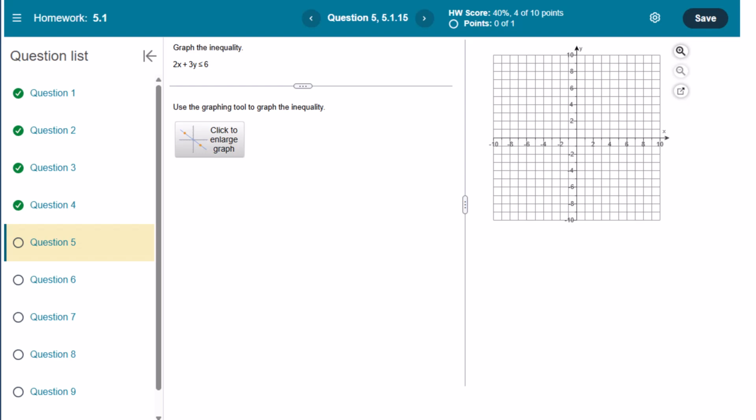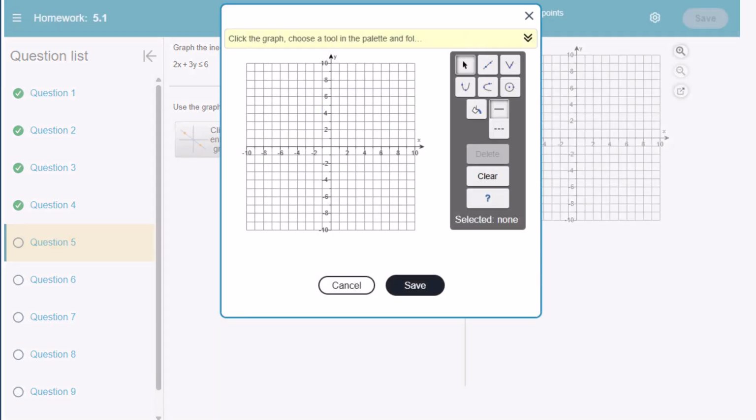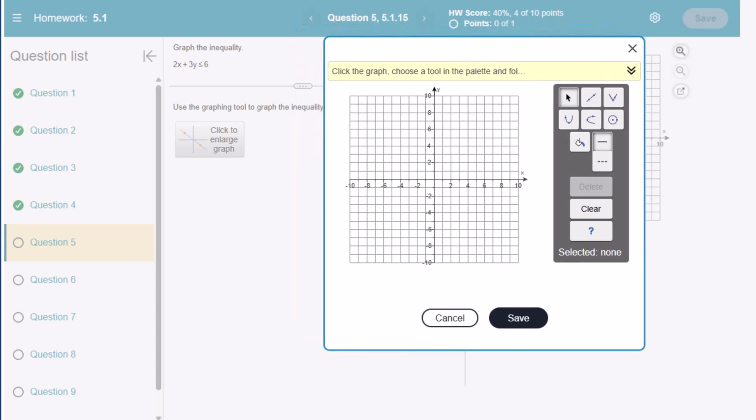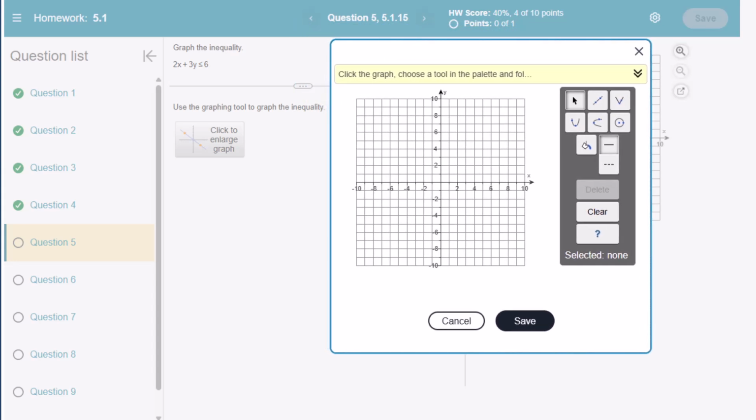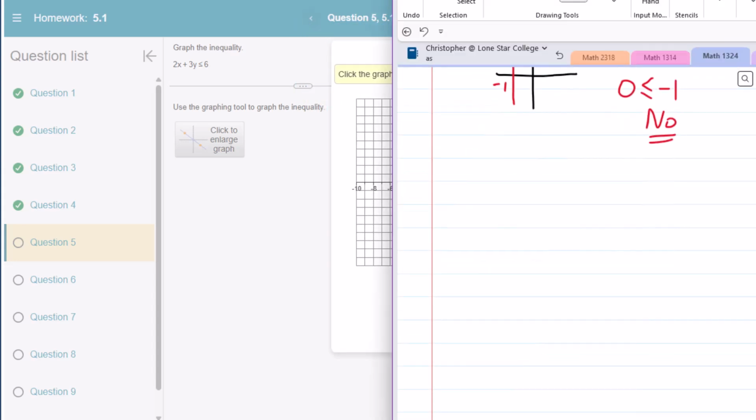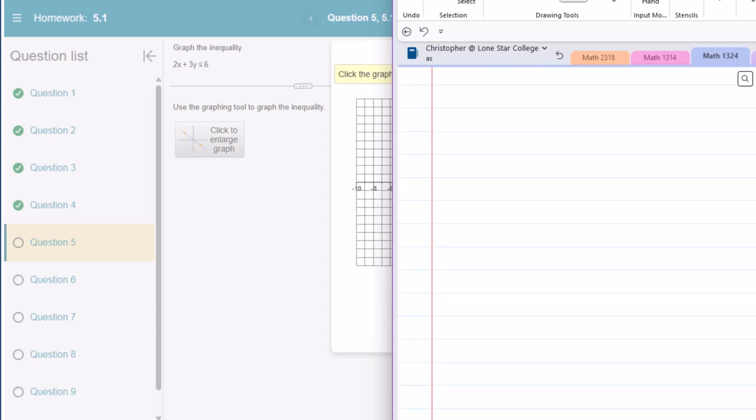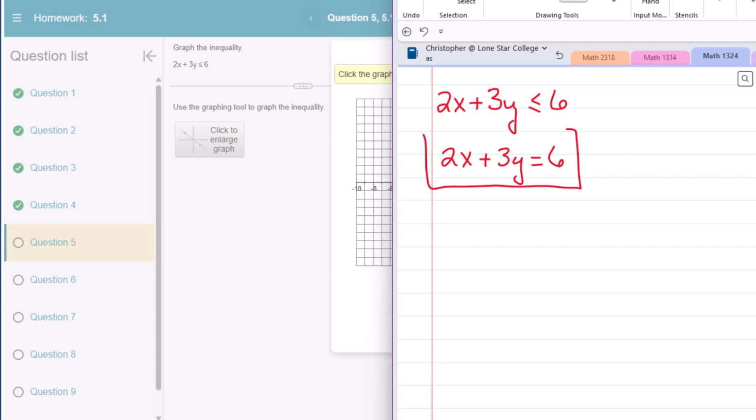All right, question 5. I've got 2x plus 3y less than or equal to 6. All we really care about at first is what the line looks like.